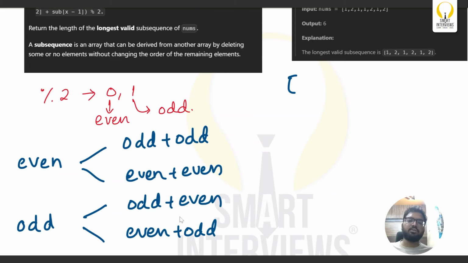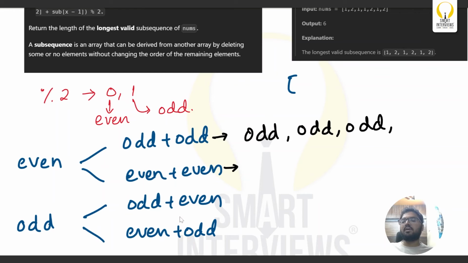Okay, so what pattern do you get for the first case? If you try to pick the subsequence, if the first element is odd, all the elements you pick must be odd. The subsequence must contain only odd numbers.